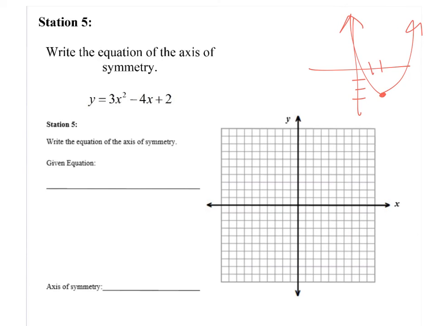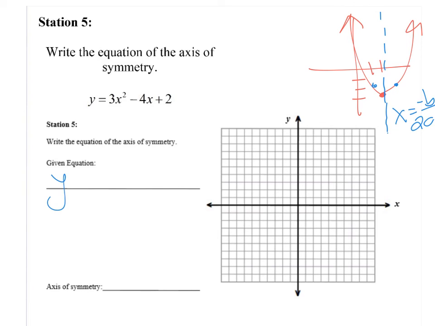The axis of symmetry is a vertical line that goes through the vertex because our graph is symmetrical on both sides. Because it's a parabola, this point and this point will be the same distance away from the vertex, and so on. So your axis of symmetry is the line x equals -b over 2a. It's the x coordinate of your vertex.